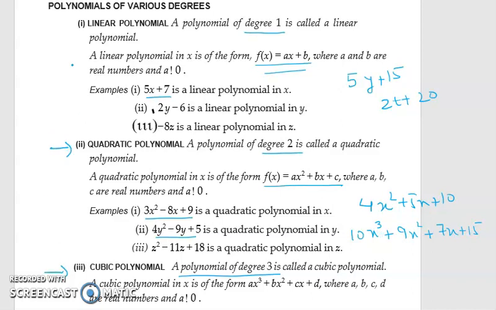Quadratic will be 2, linear will be 1. So linear polynomial degree 1, quadratic polynomial degree 2, cubic polynomial degree 3. Then you have biquadratic. Biquadratic means it will have degree 4. So keep this in mind, students, and complete all these definitions and terms with your examples in your fair registers. So study well and be good.